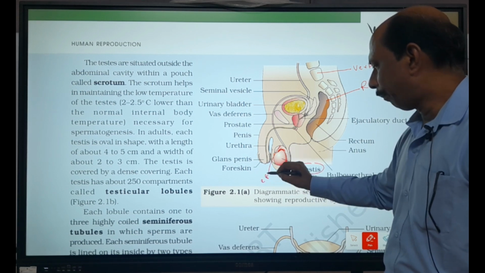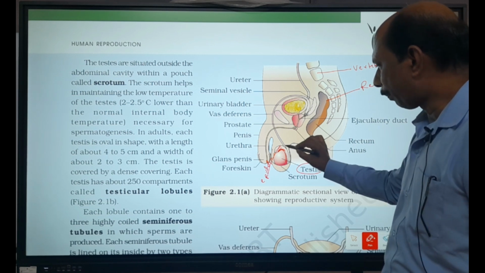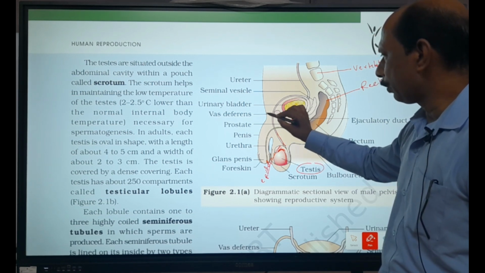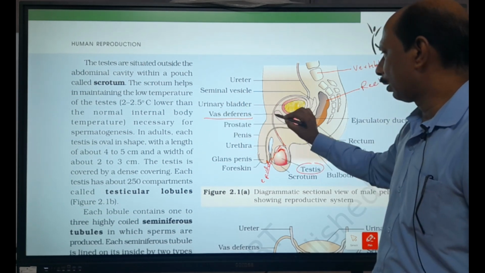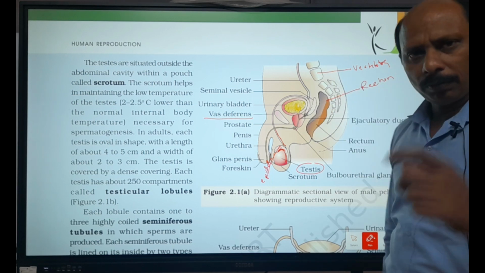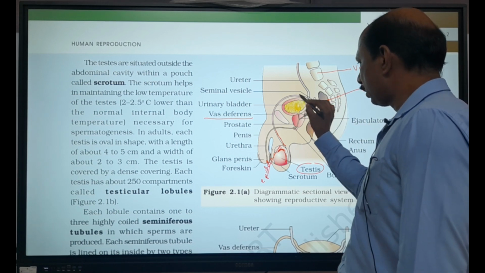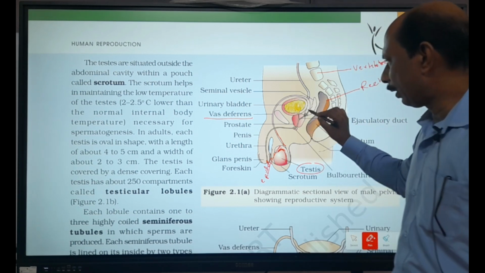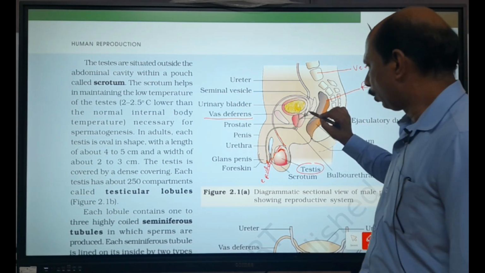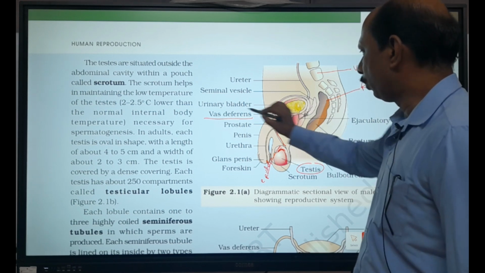From the epididymis, this duct arises, and this one is called vas deferens. The vas deferens makes a loop on the ureter, and then it opens on the dorsolateral side of the urinary bladder.